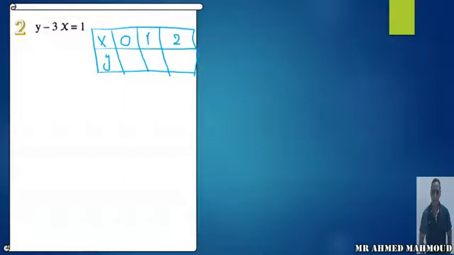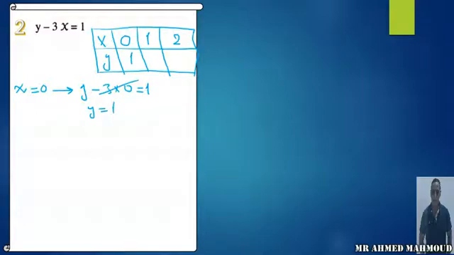First, if x equals 0, then I will put 0 here, then y minus 3 times 0 equals 1, then y minus 0, then y equals 1, here 1.